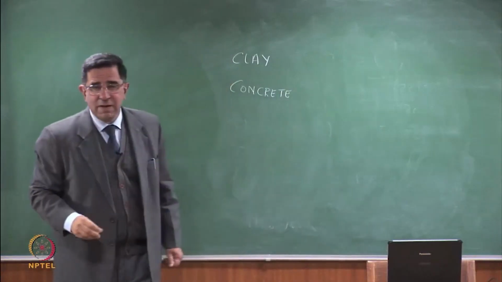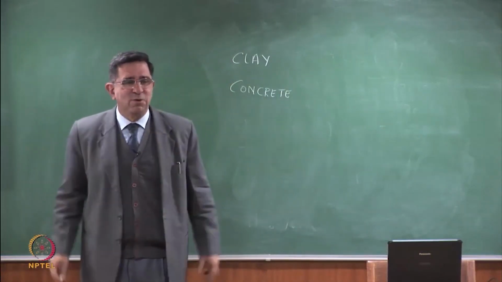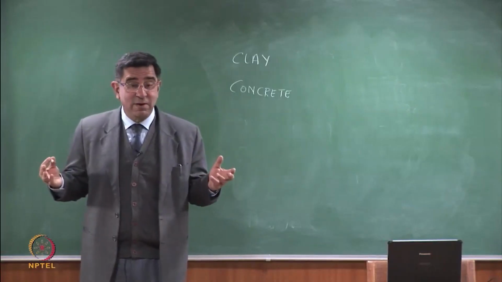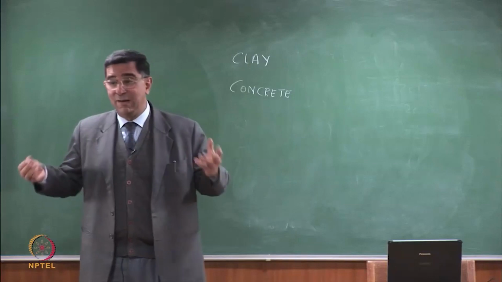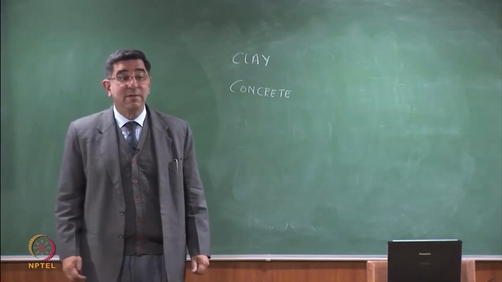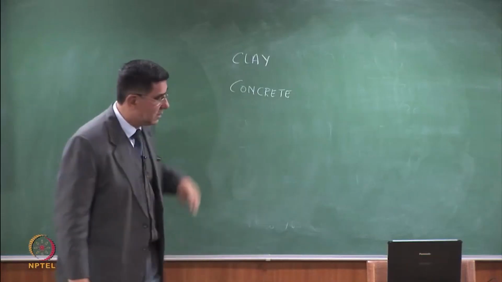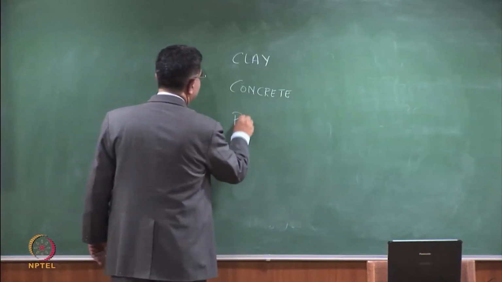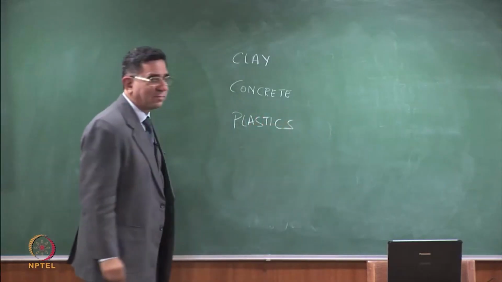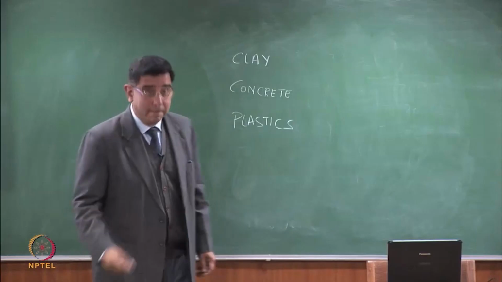What else? I mean, everything which your water tanks are made of is a good indicator that if a water tank can hold water, quite clearly it is a hydraulic barrier. So what else? Plastics. Metal sheets.